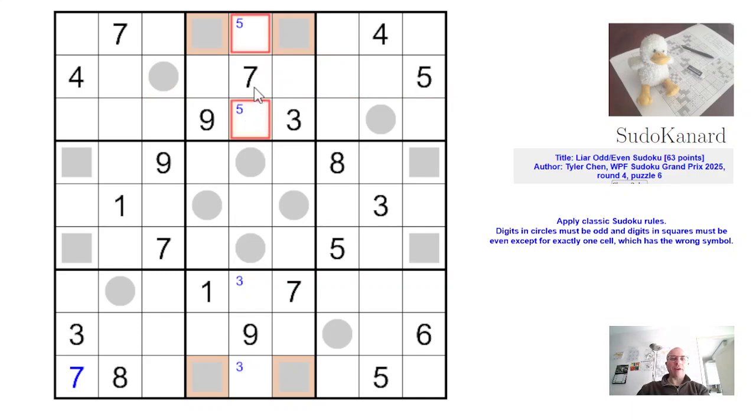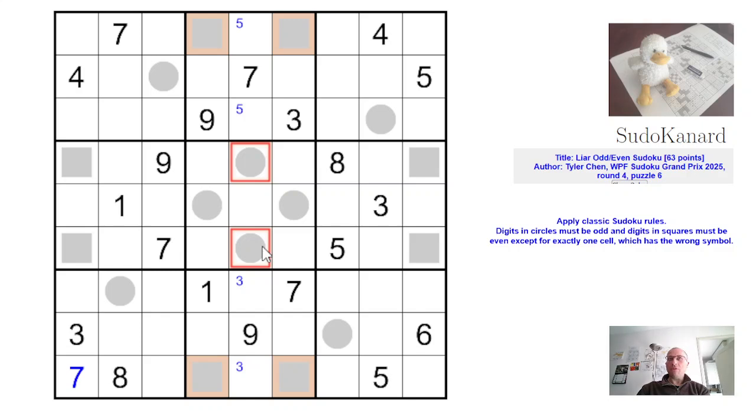And there you have a 5, a 7, a 3, and a 9, which means that the only remaining odd digit in the column is the 1, which will have to go in one of those two cells, and the other circle will have to contain an even digit. So to sum it up, if I assume that all 4 squares are correct, then one of the circles here is wrong.